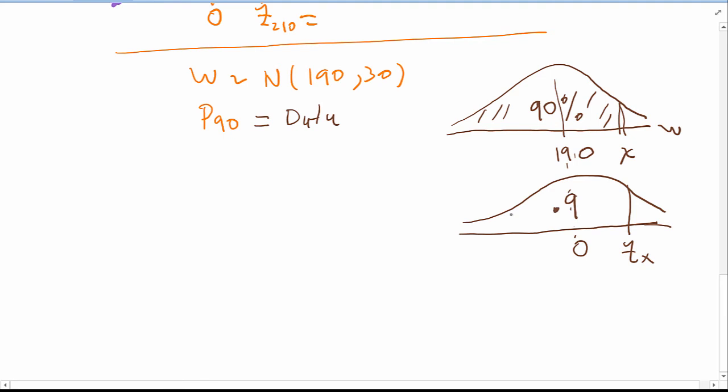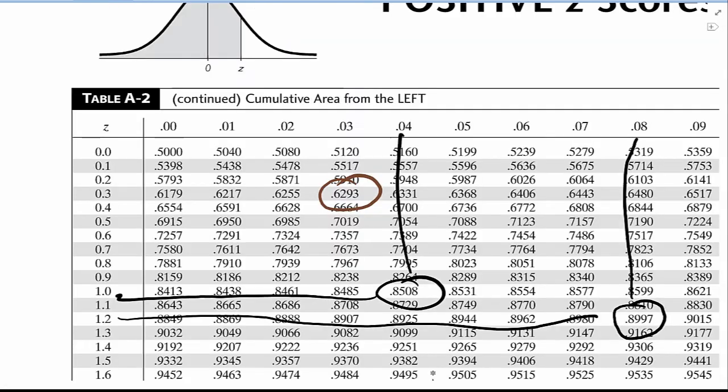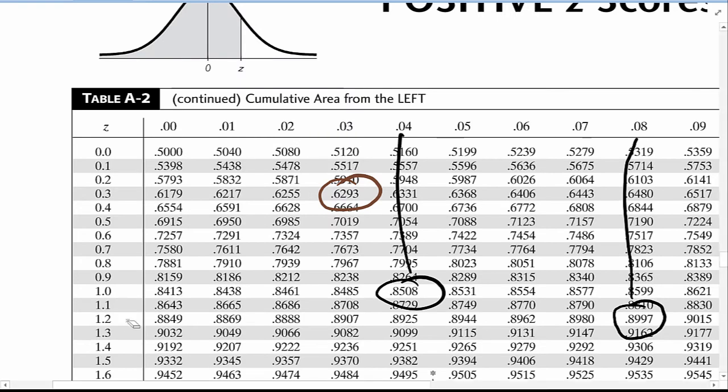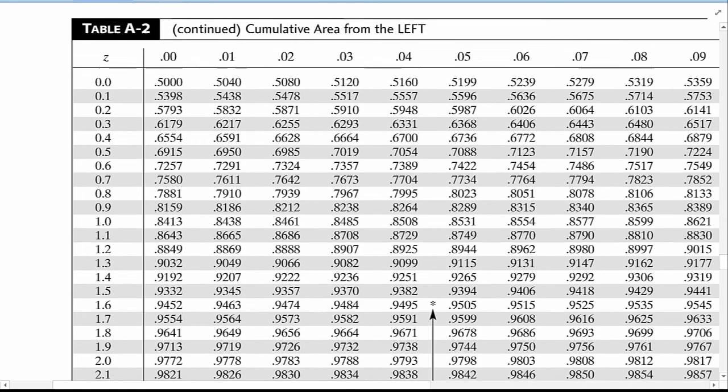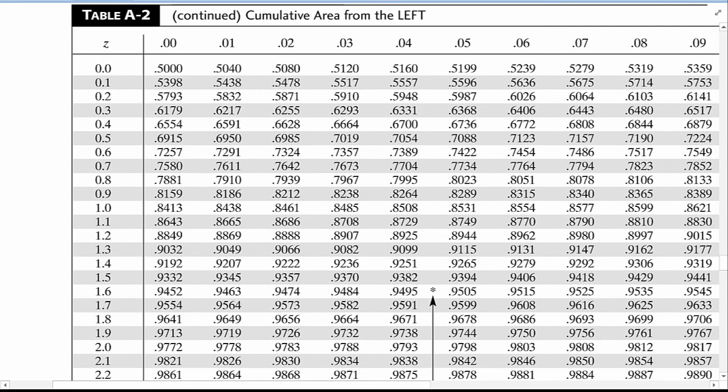All right, so what I could do is go to the positive table, and in the area section try to get the closest that I can get to 0.9 to get the corresponding z value. So let's do that. Right here I am in the positive table, working in the area section. The closest that I can get to 0.9 is this 0.8997.